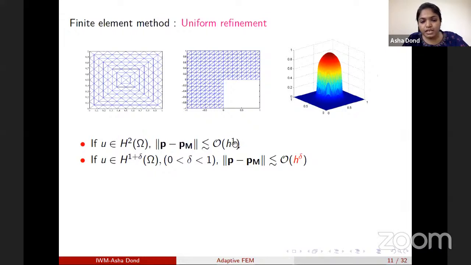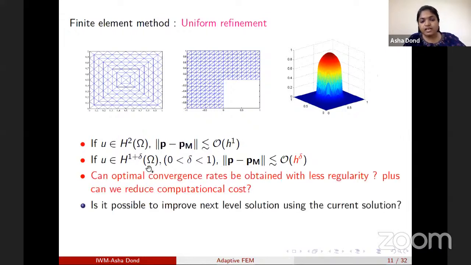Now the question is, even if we have less regularity, can we get the optimal convergence rate, that is h raised to 1? This is the first question. And even if your function is smooth, can we still do some refinement such that we can reduce our computational cost, because to capture this layer we need very fine refinement?